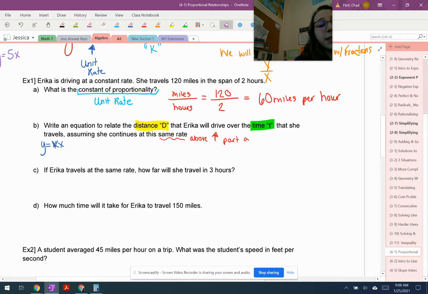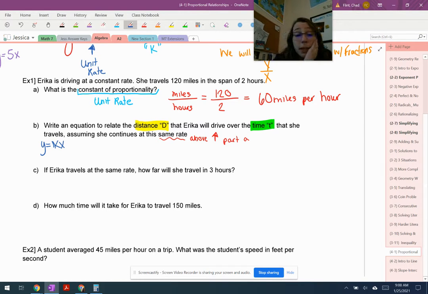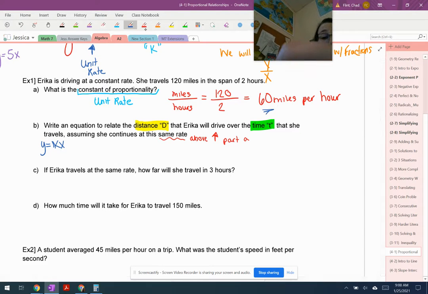So here, we're going to use that equation that we set up. Our notes tell us that the equation is usually y equals kx. But in this case, they want us to be using d and t instead of y and x. So you just need to figure out which one makes more sense. Is distance equal to something times time? Or is time equal to distance times something? So I'm going to use that unit rate of 60 miles per hour to make my equation.